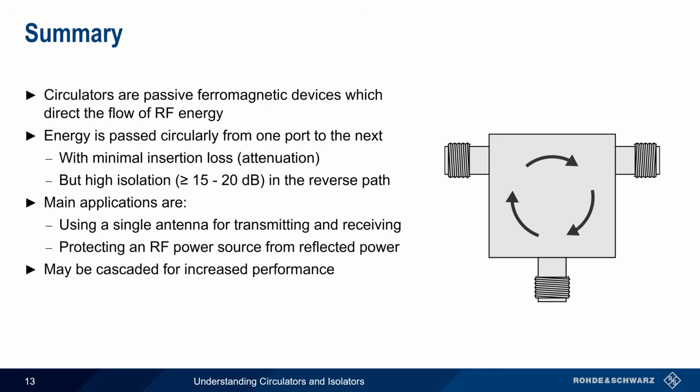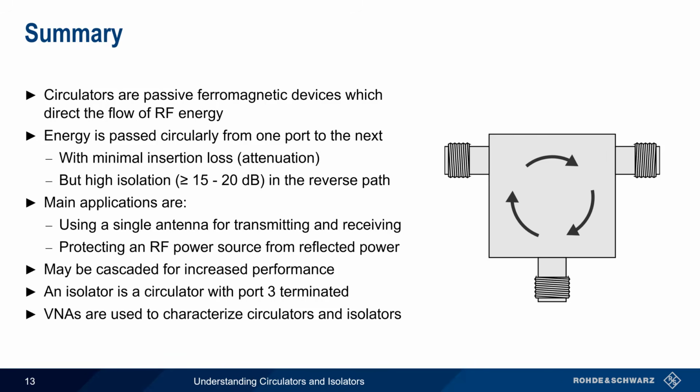A common variant of the circulator is an isolator, which is simply a circulator with the third port terminated. And finally, vector network analyzers are the primary test and measurement instrument used to measure or characterize the performance of circulators and isolators. This concludes our presentation, Understanding Circulators and Isolators.